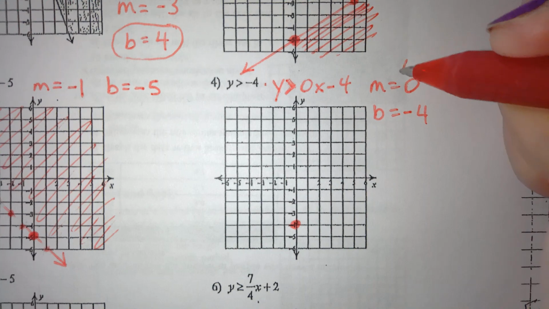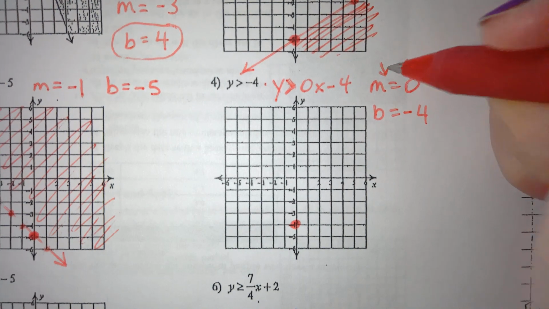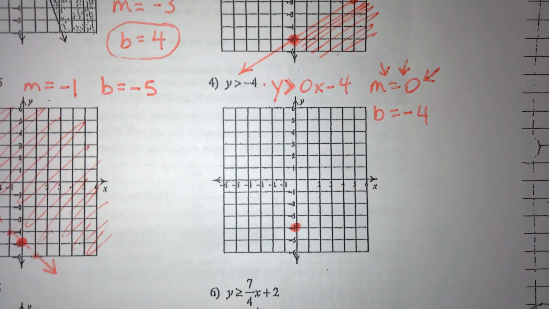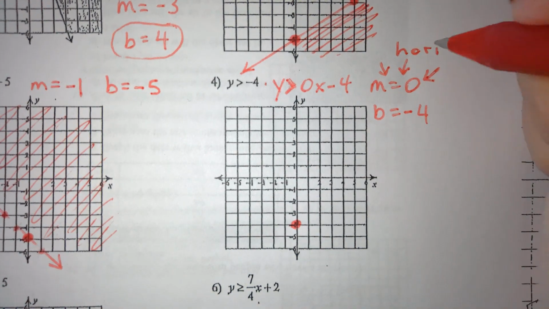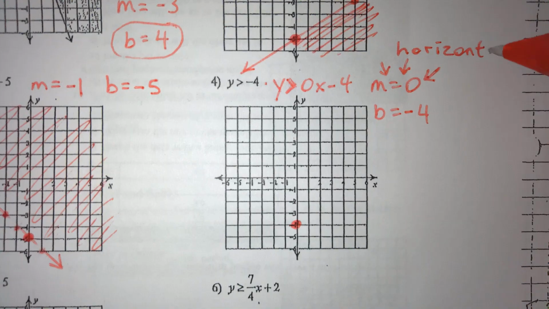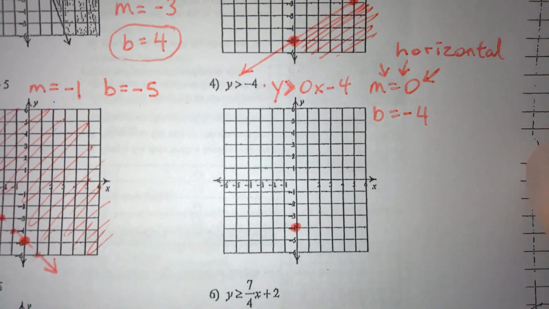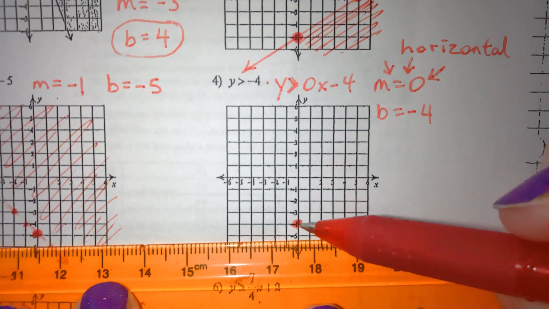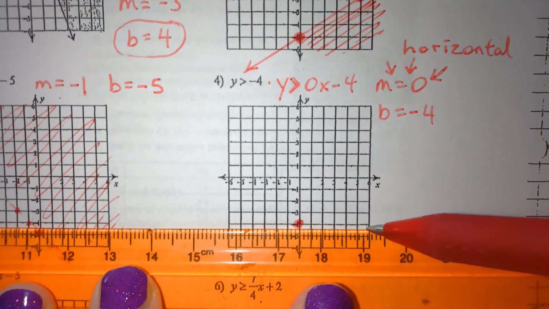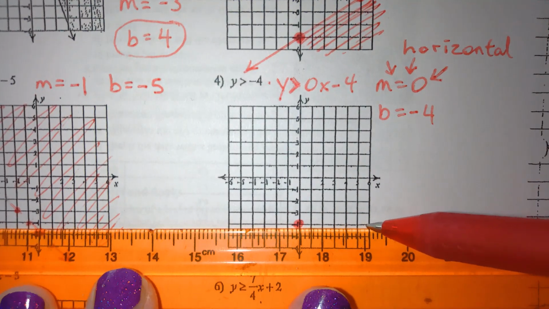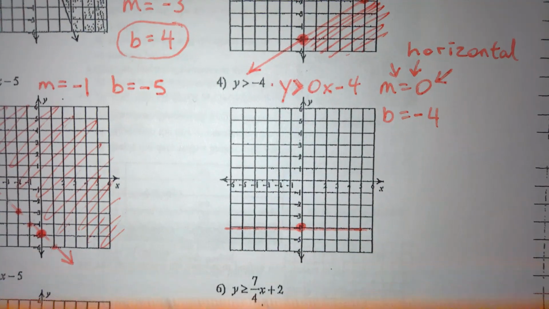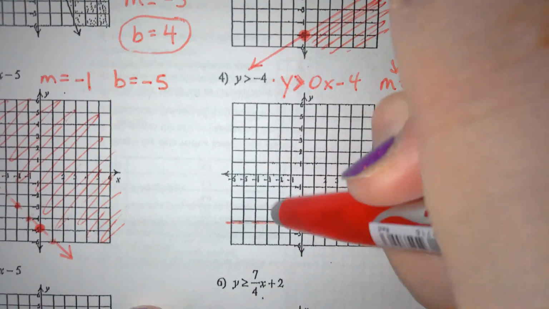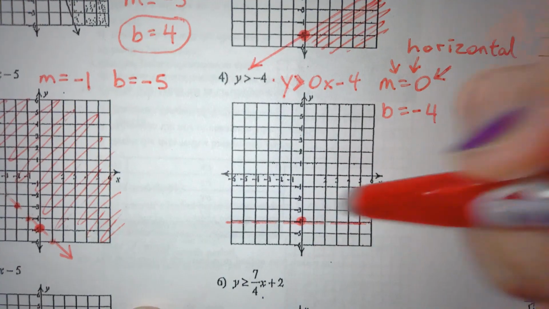M equals 0. We talked about this yesterday. What type of line is m equals 0? Horizontal. Good. Thank you for putting up your hand. So even though I don't have a second point, I know it's a horizontal line. It's dotted. Yes, it is. Just seeing if you guys were paying attention.